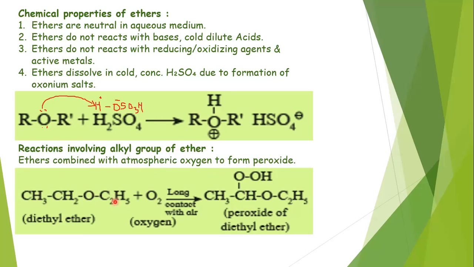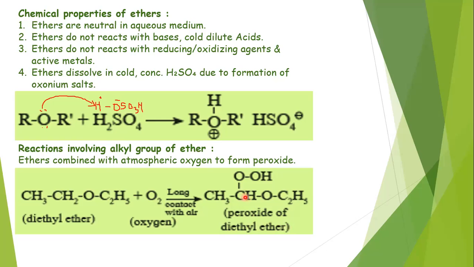CH3CH2OC2H5, diethyl ether, plus atmospheric oxygen on long contact with air. If this ether comes in contact with air for a long time, then peroxide of diethyl ether is formed.